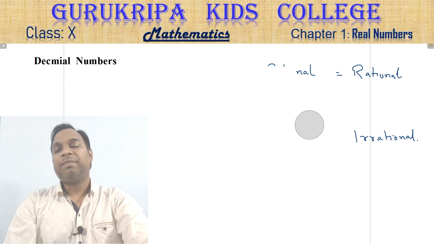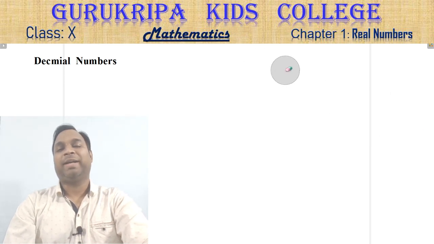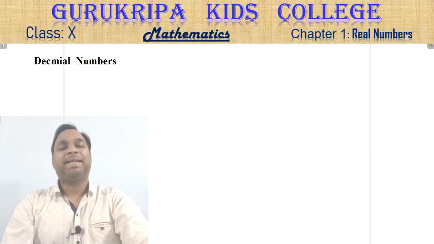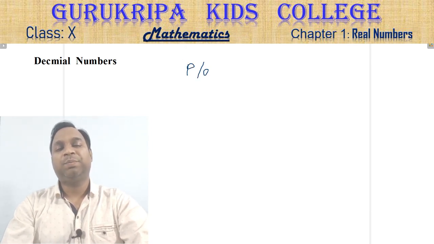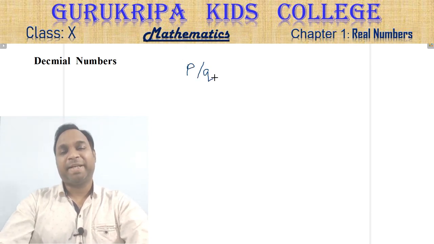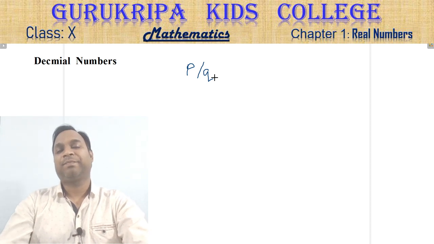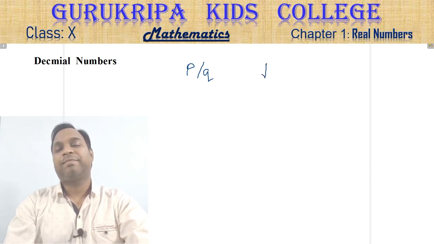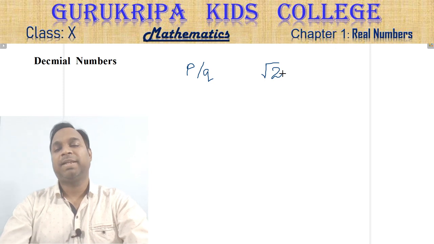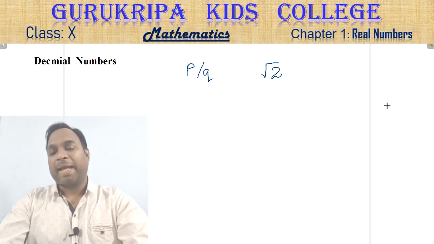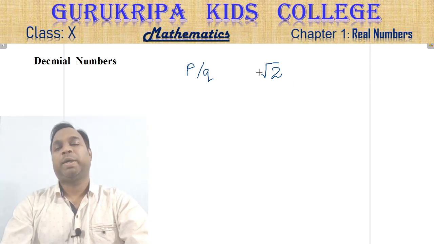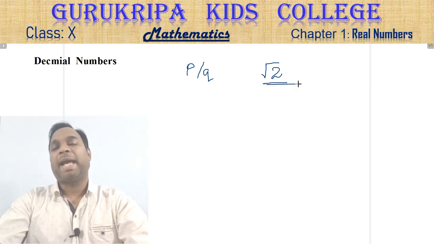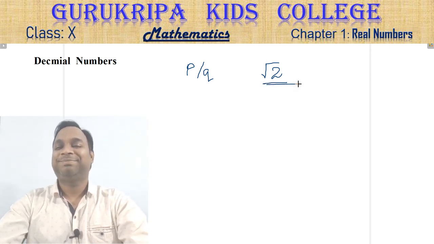Okay. So now we have said that irrational numbers cannot be expressed in the form p upon q. They cannot be expressed in the form of a fraction, like square root 2, isn't it? So can it be expressed as a decimal number? Square root 2. Can this be expressed as a decimal number?